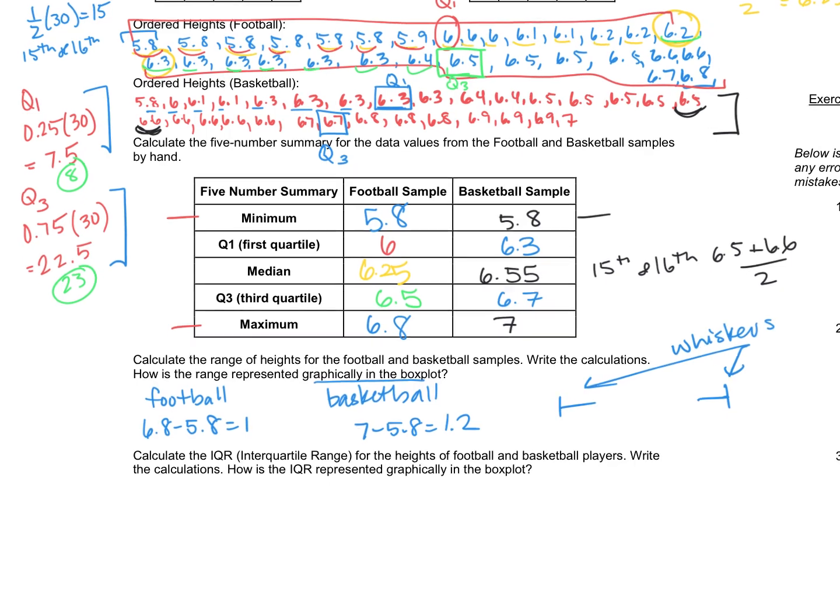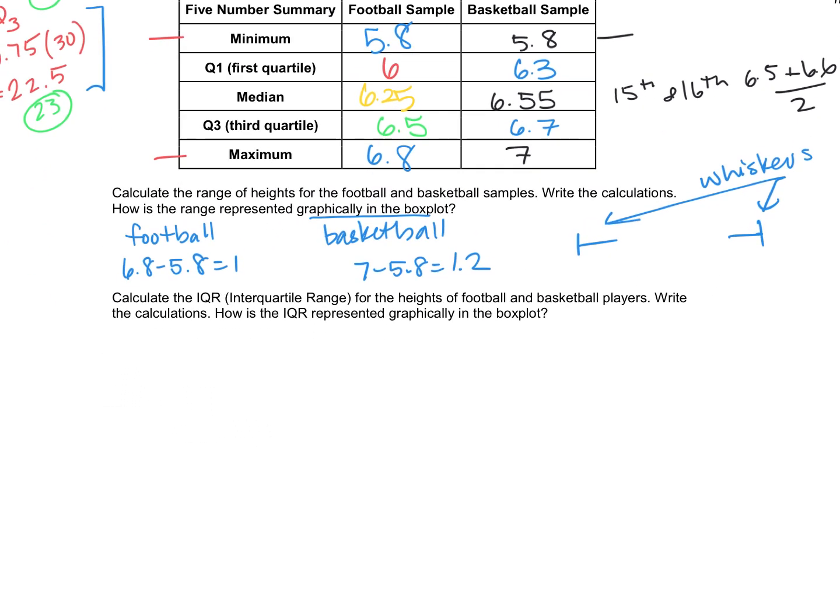Now to calculate the interquartile range, and that is the values between Q1 and Q3, we're going to take, for the football, the Q3 minus Q1. That's the interquartile range. So 6.5 minus 6 gets us 0.5.